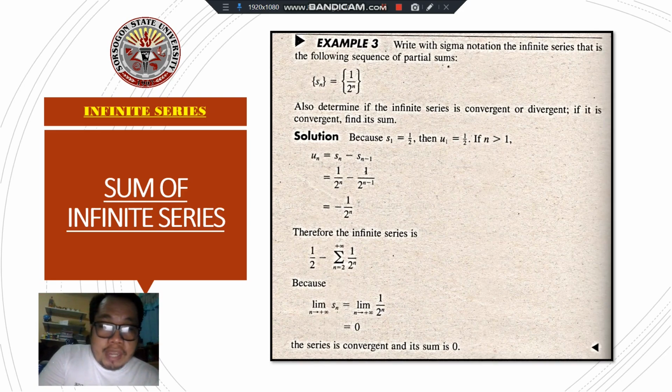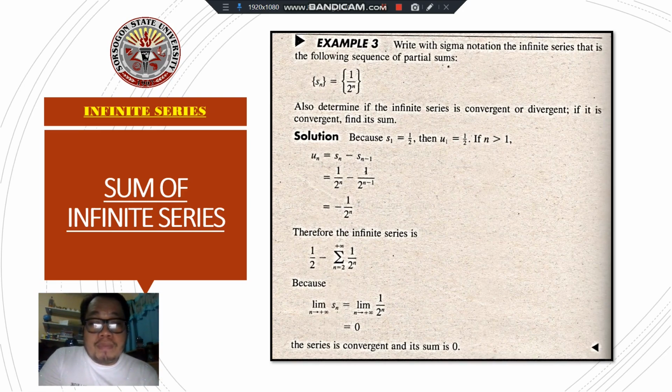So therefore, the infinite series is 1 half minus the summation of 1 over 2 raised to n, where n equals 2 to positive infinity. So why is it that the values of n start from 2 to positive infinity?